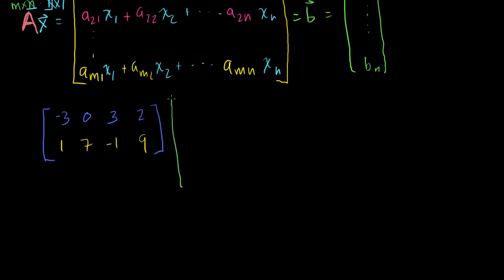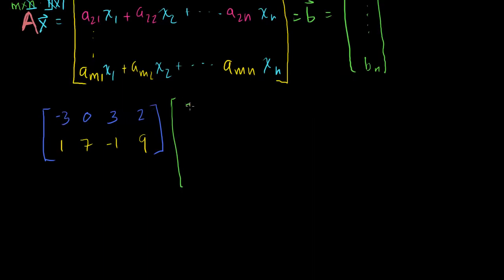Now, how many components or rows does this vector have to have? Well, my matrix-vector multiplication is only defined if my vector has as many components as this matrix has columns. So we have 1, 2, 3, 4 columns. This guy's got to have 4 components for us to even be able to multiply them. Otherwise, it wouldn't be defined. So let me put 4 entries here.